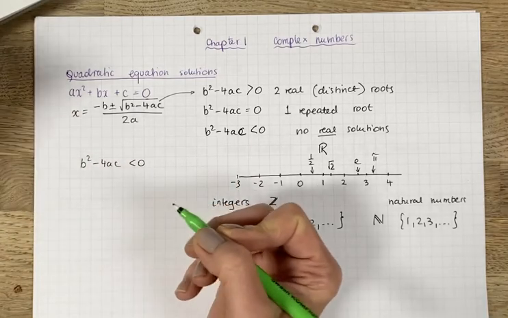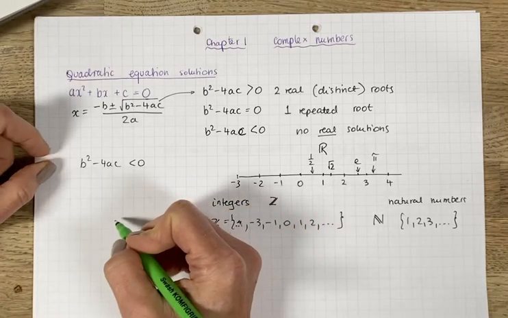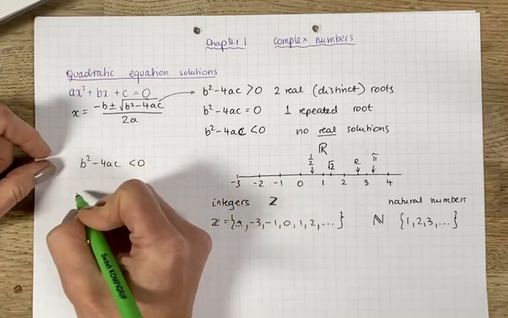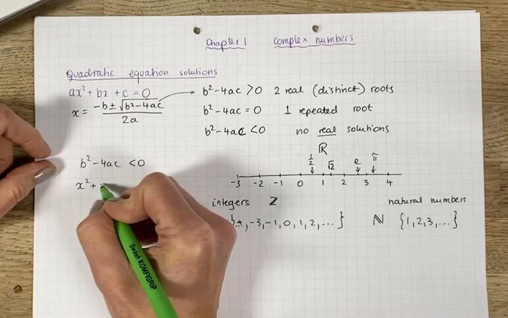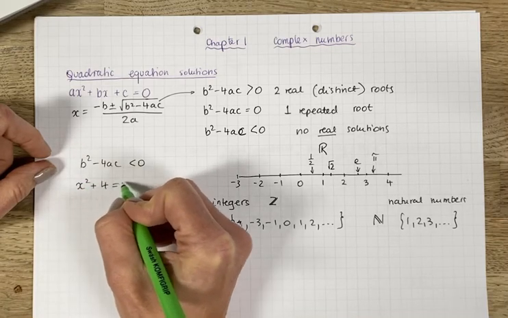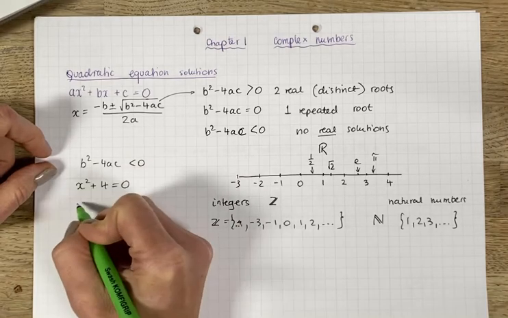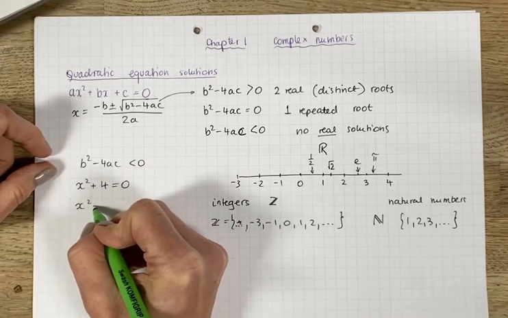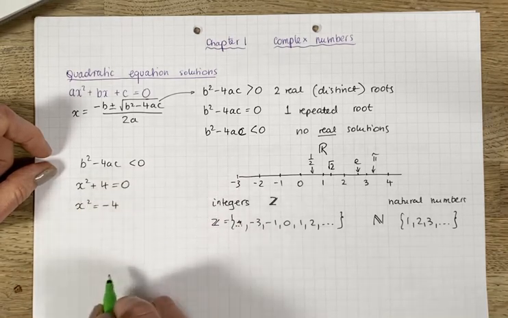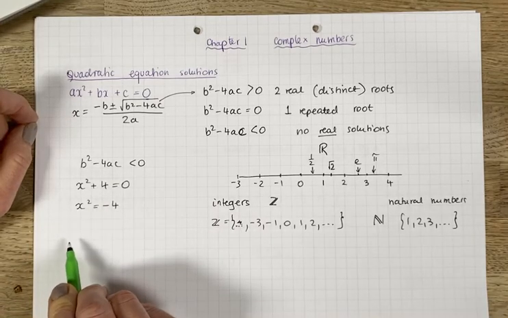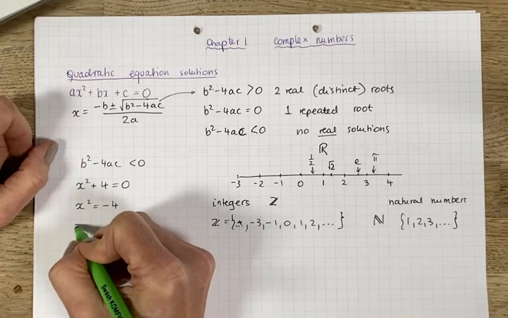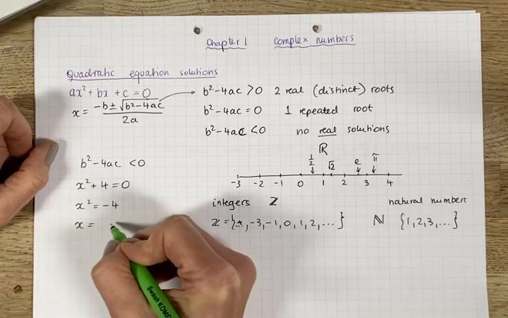So for example, a very simplistic equation, x squared plus 4 equals 0. They knew that x squared can never be equal to a negative number. You can't have a solution to this because you cannot square root a negative number. But they decided, what if you could?